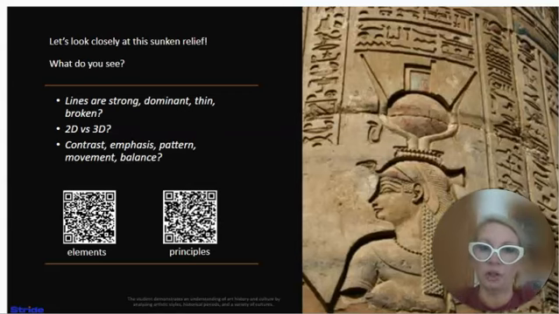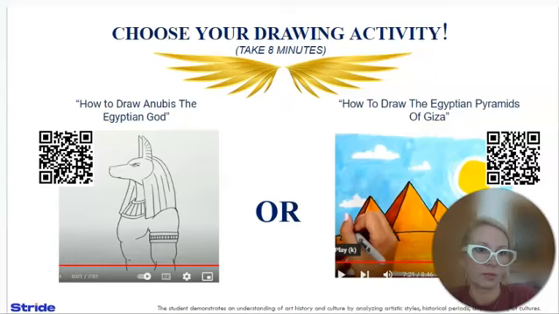Do you see contrast, emphasis, pattern, movement, and balance? Some of the principles of design that we learned from Unit 1. And if you need to grab your Elements of Art notebook or your Principles of Design notebook, in case you've lost those, you can use the QR codes, and that will take you back to both of those notebooks for review.